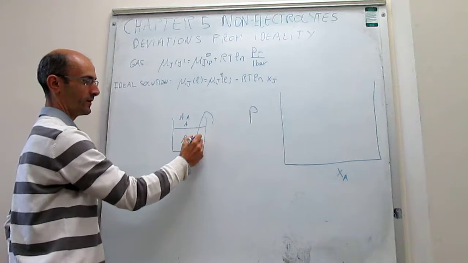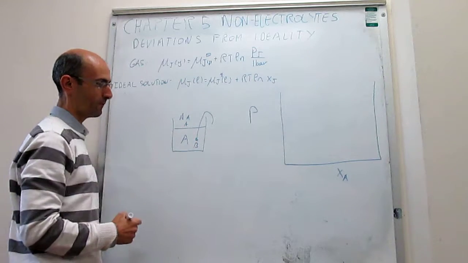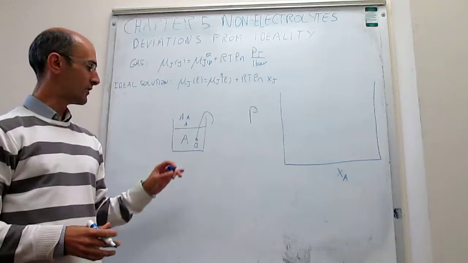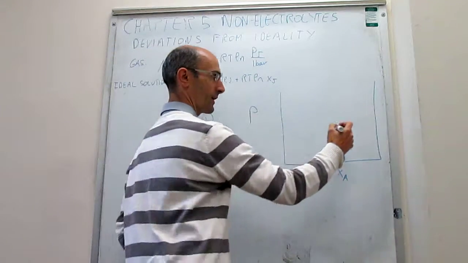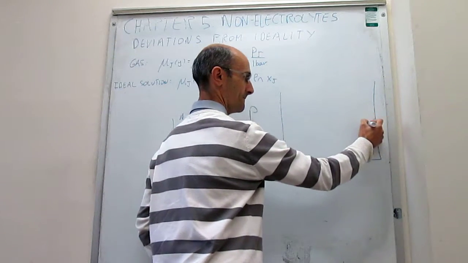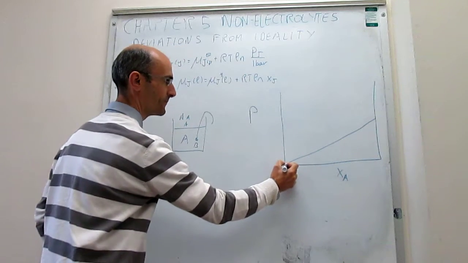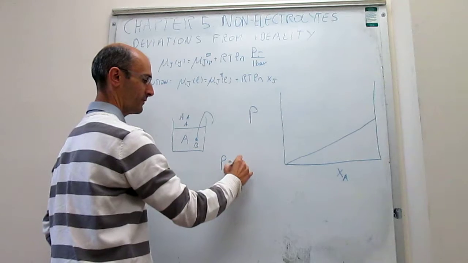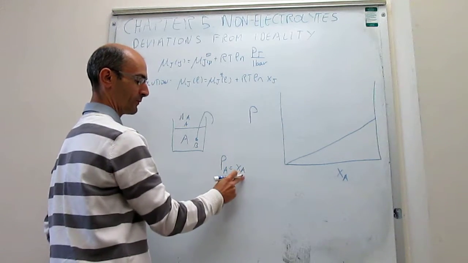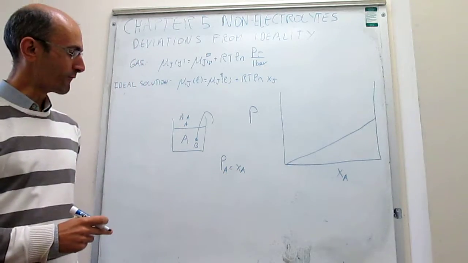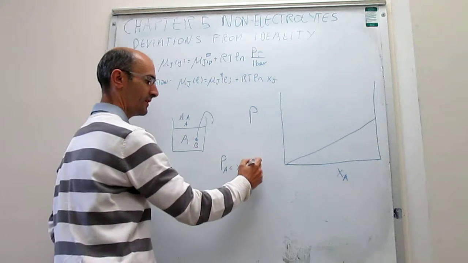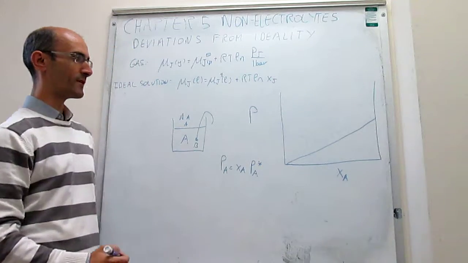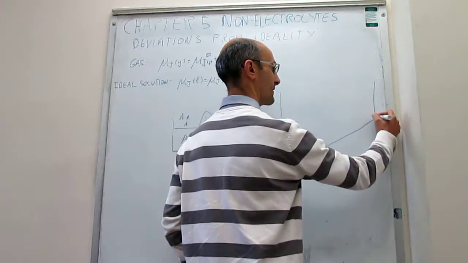What we're doing here is adding some component B, and that alters the vapor pressure of A on top of that mixture. And what we actually know is that this is a straight line. That's Raoult's law: the vapor pressure of that component is proportional to the mole fraction of that component in the mixture, and the proportionality constant is just the vapor pressure of A when it's pure, which is this value.